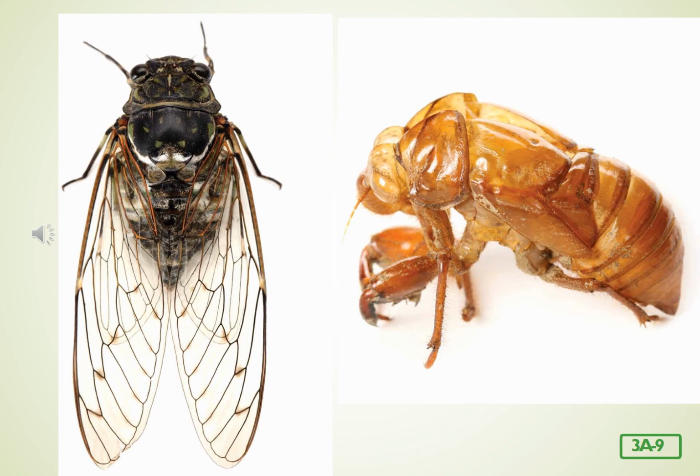The nymphs remain hidden beneath the ground, continuing to shed their exoskeletons. Once they are fully grown, they make their way to the surface again, shed their skin one last time, and emerge as winged adults. For some reason, all of the cicadas in an area emerge at once, either every 13 years or every 17 years.